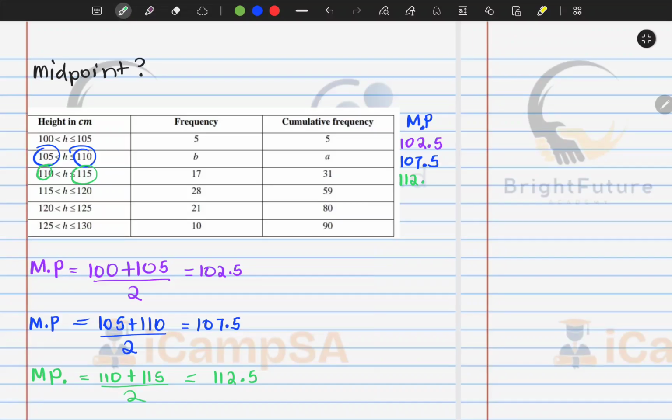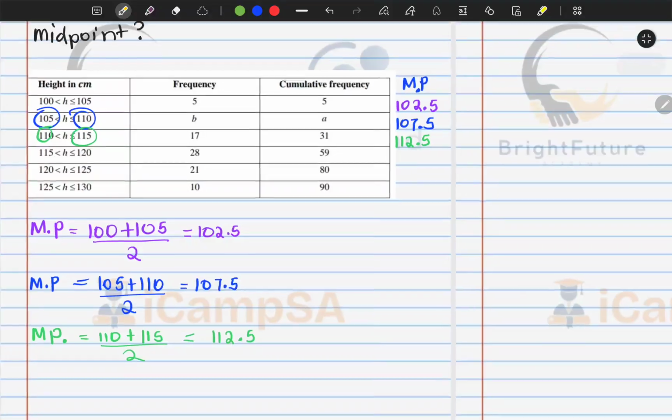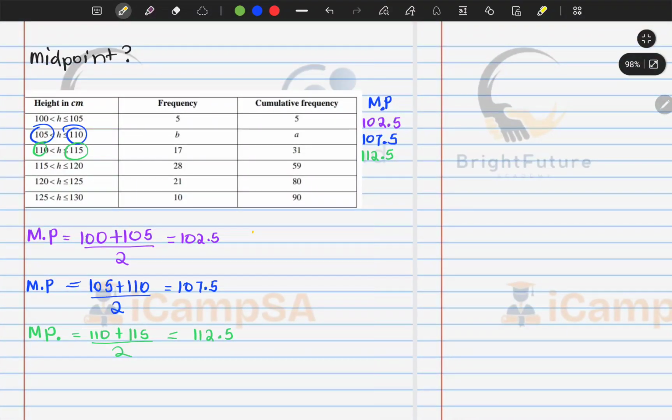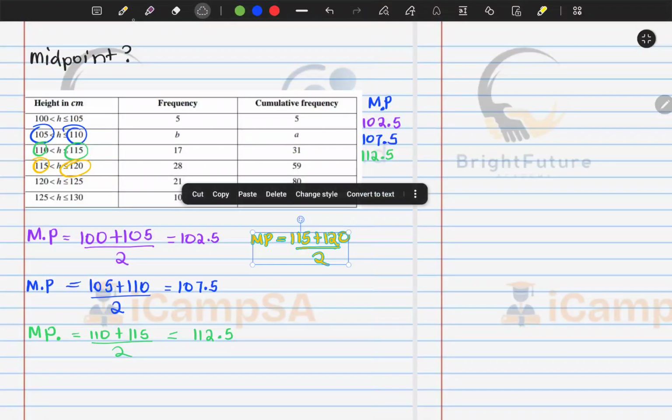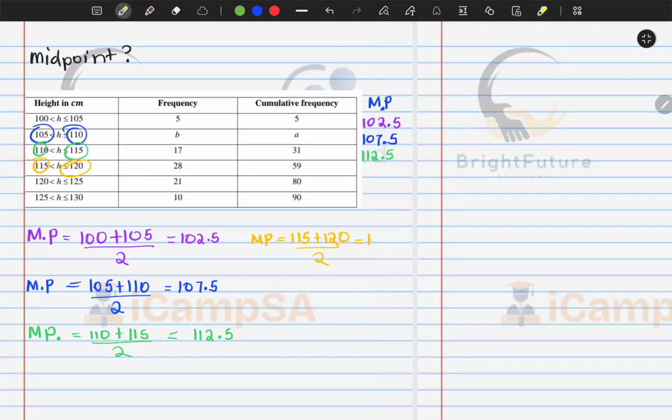Let's do the next one, which should be very easy. Your midpoint equals 115 plus 120, all over 2. Punching my calculator, if you punch yours too, you end up getting 117.5.